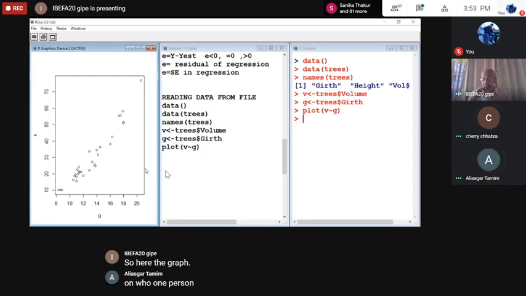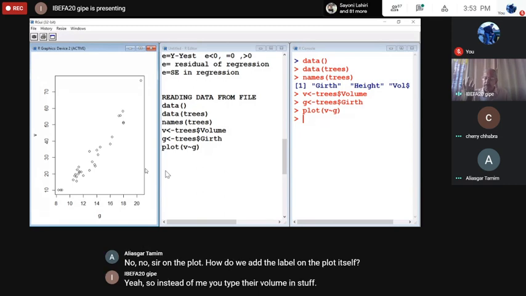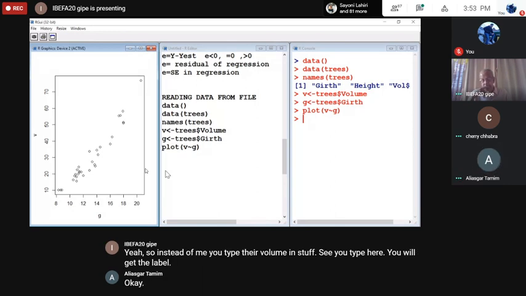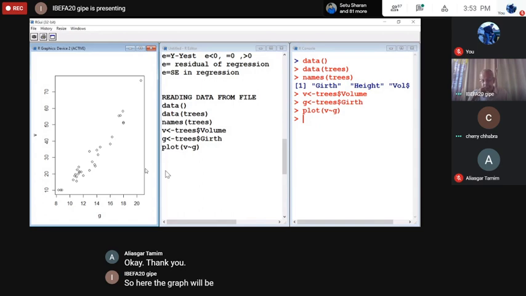Sir, how do we add labels to the X and the Y axis on the plot itself? Yeah, so instead of V, you type volume. Instead of G, you type girth. You will get the label. So here the graph is in increasing order.